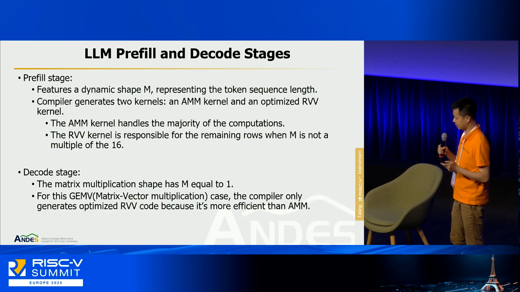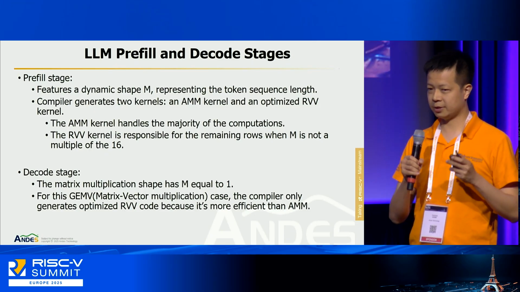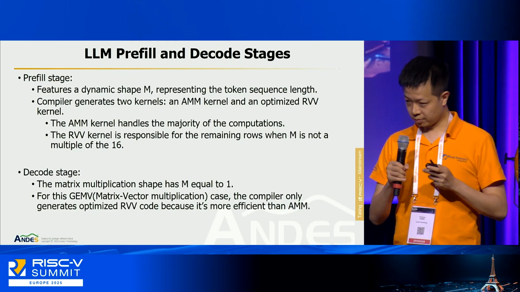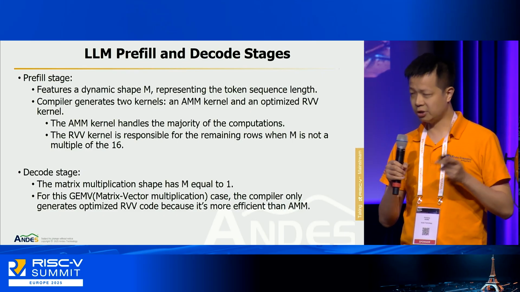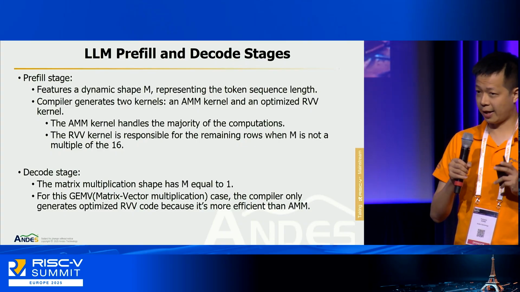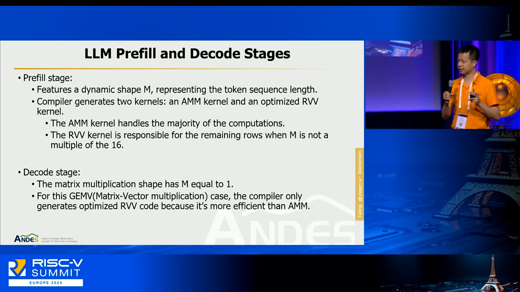So let's examine the two stages of LLM. The first one is the prefill stage, which initializes the model with the user prompt, and its dimension M is dynamic and depends on the size of the token sequence.